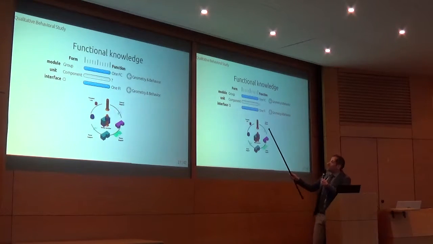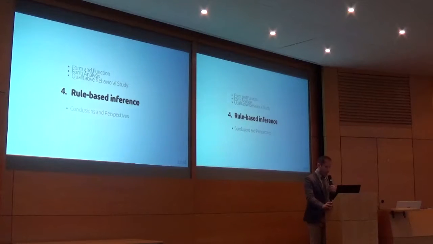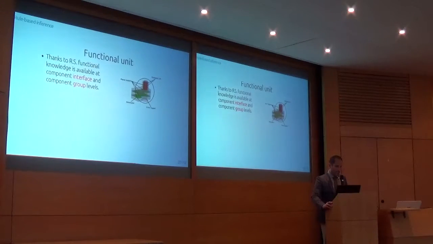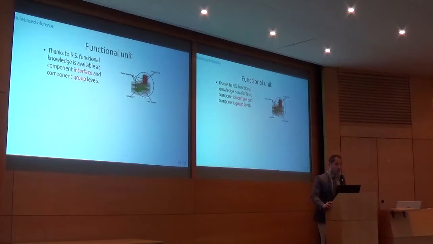The bridge is completely bound between form and function at two different levels: interface and functional group. This leads us to the last part of our contribution, which is the rule-based inference. The idea here is to use this unambiguous knowledge that we acquire at both levels to deduce new knowledge at the component level.